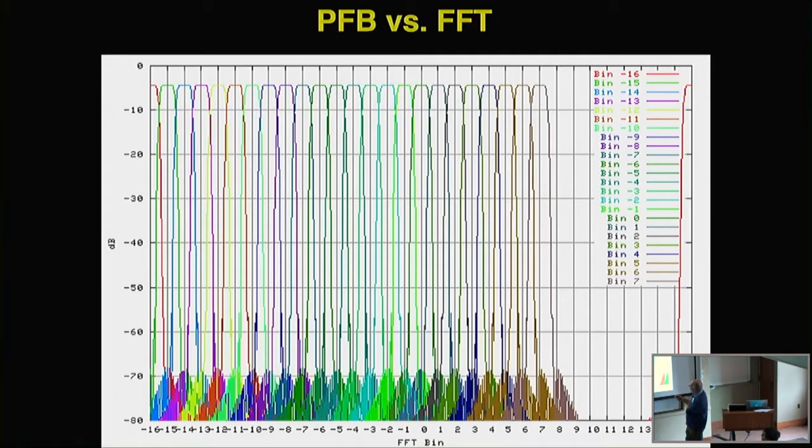That's right. And if you just pick out a particular color here, let's pick out this particular channel. That's one channel of your filter bank. What this is trying to show you is that if the frequency you're looking at is here, you get good sensitivity, and if it's here, it's much reduced sensitivity. So it's only sensitive to a certain range of frequencies. That's what you want in a filter bank.